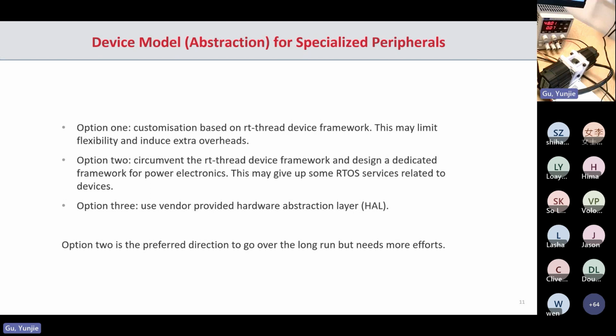That means if you use the HAL, you limit the portability of the code. So we think option 2 is the preferred direction to go, and it takes some time to realize, because you have to design a new framework, which is not so easy actually. We implemented option 1 and option 3 in our existing code, and the aim is to implement option 2 maybe next year.